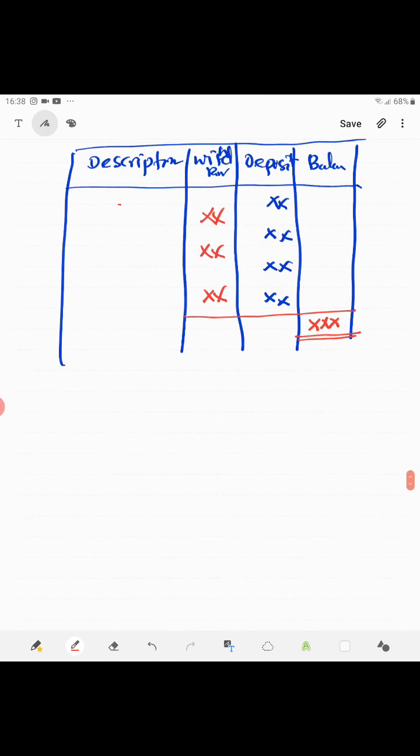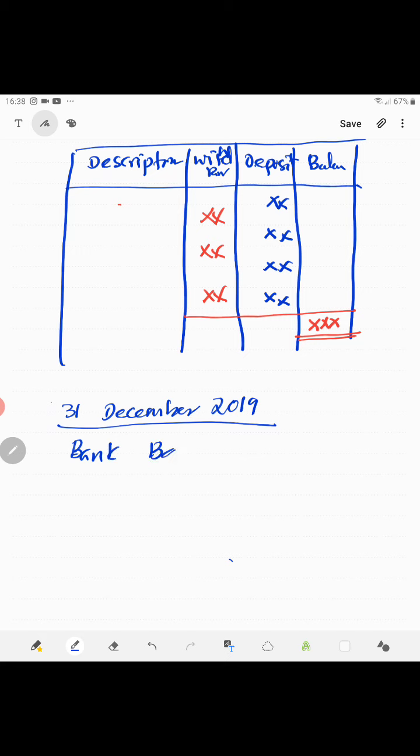Now the problem that we face is this. On a particular date, let's say the balance date of 31st December 2019, I am checking the bank book balance. Let's say I have a balance of $10,000.